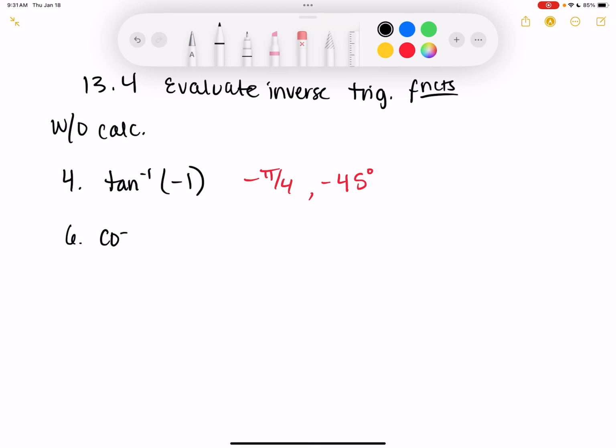The inverse cosine of -2. Where's cosine -2? We only care about the top. What's the biggest number out that I can be?